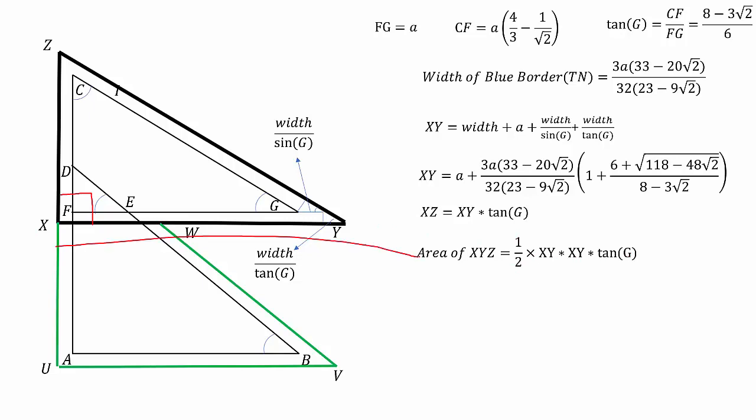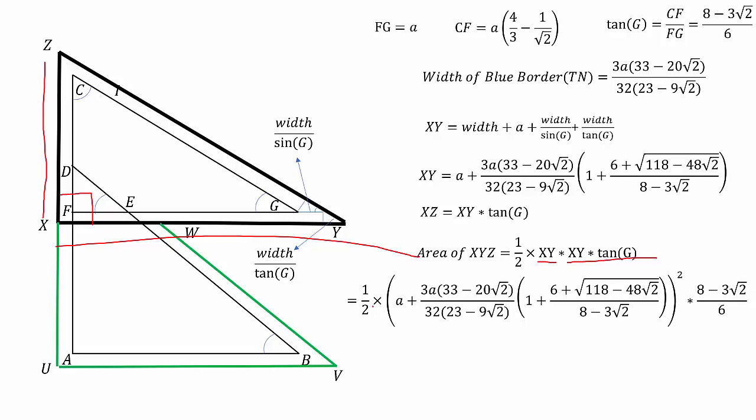The base is the length XY, and this height XZ is the distance XY times tan z. So we get 1 by 2 times XY squared times tan z. By approximating these values, we get 0.445 times a squared.